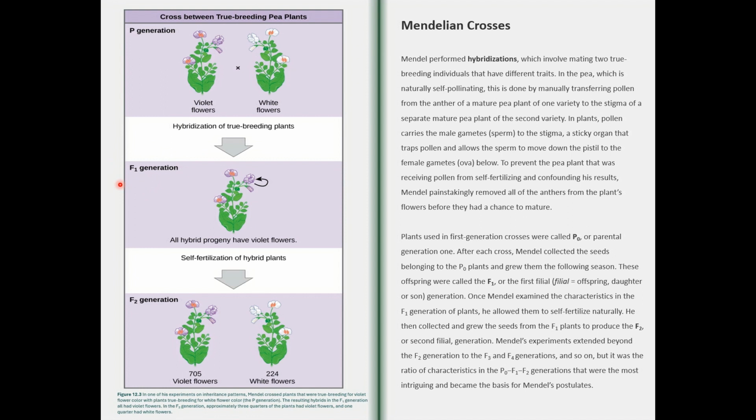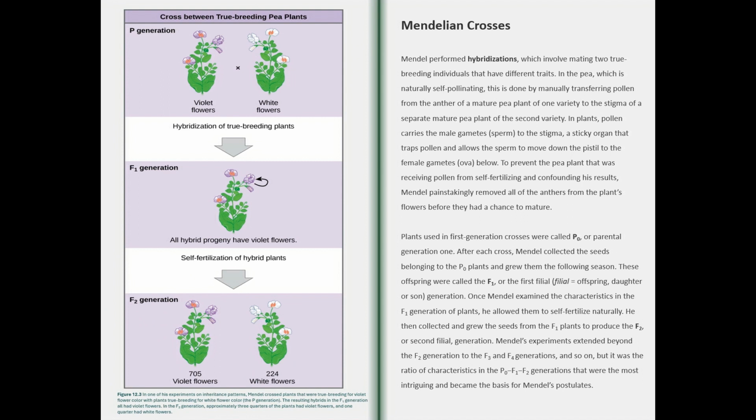Once Mendel examined the characteristics in the F1 generation of plants, he allowed them to self-fertilize naturally. He then collected and grew the seeds from the F1 plants to produce the F2 plants, or the second filial generation. Mendel's experiments extended beyond the F2 generation to the F3 and F4 generations and so on.